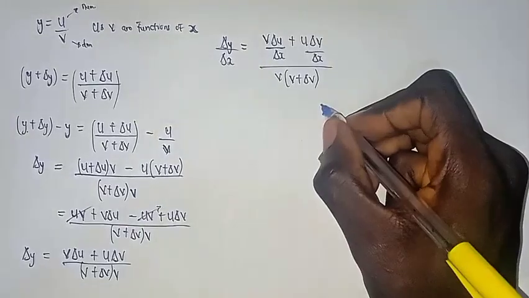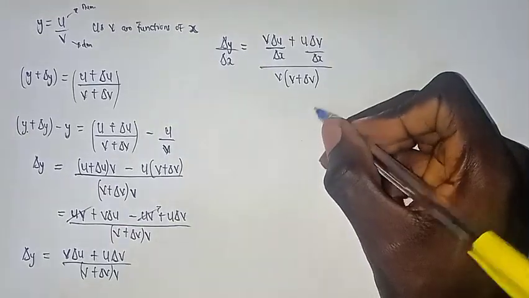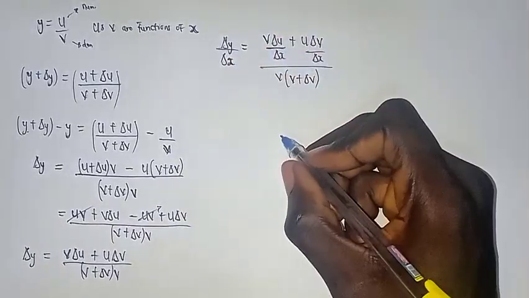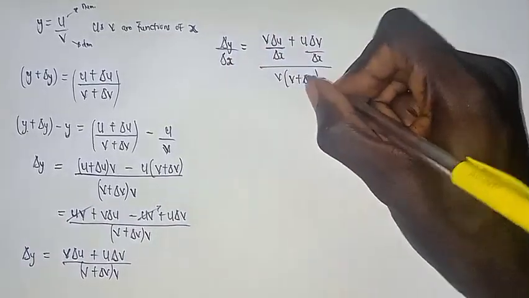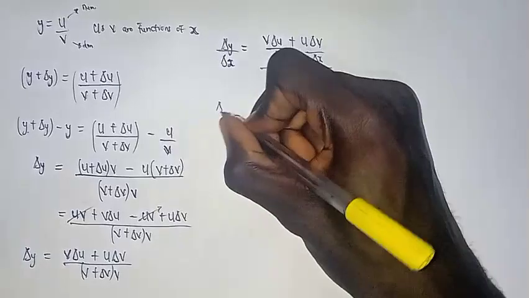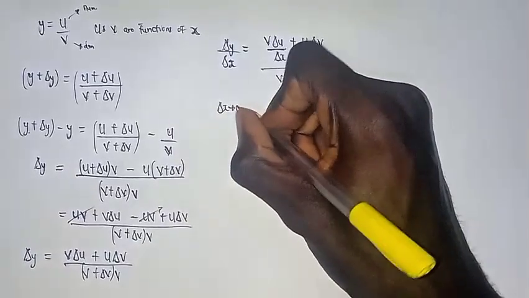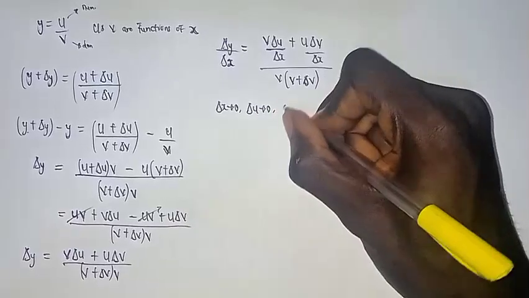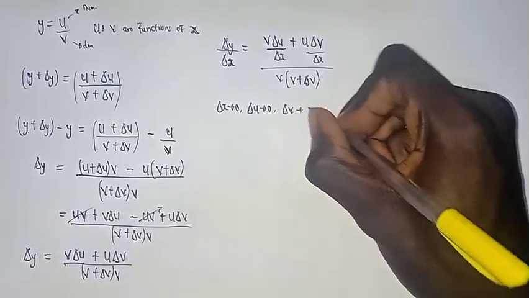Now if we solve this further by taking the limit as delta x approaches 0, before we take the limit as delta x approaches 0, we need to state some things. As delta x approaches 0, delta u also approaches 0, and then delta v also approaches 0.